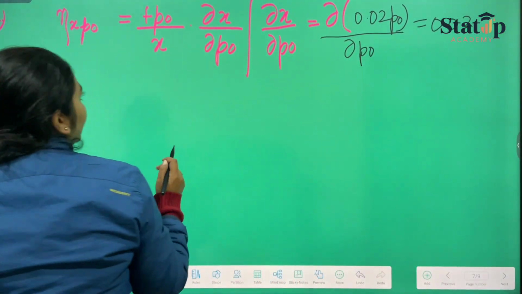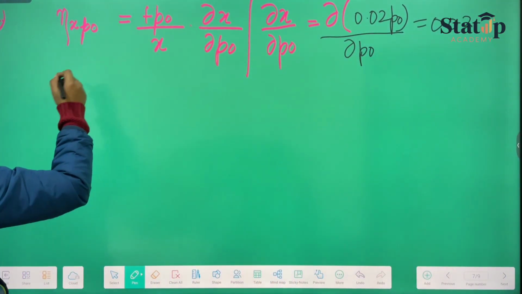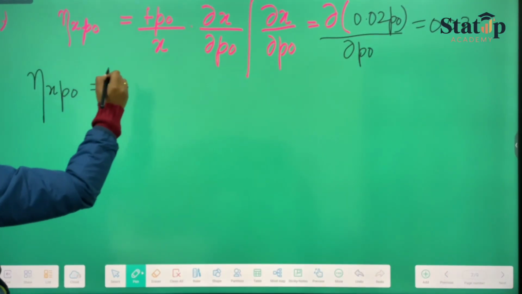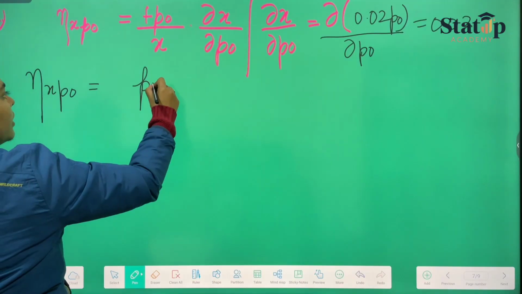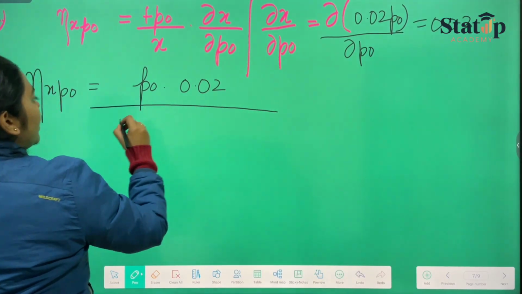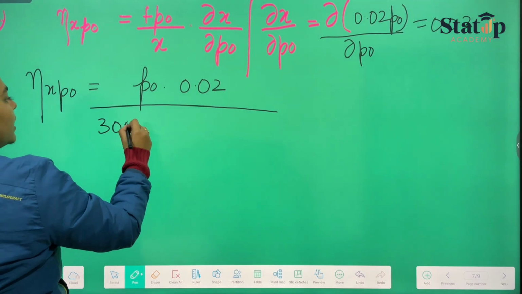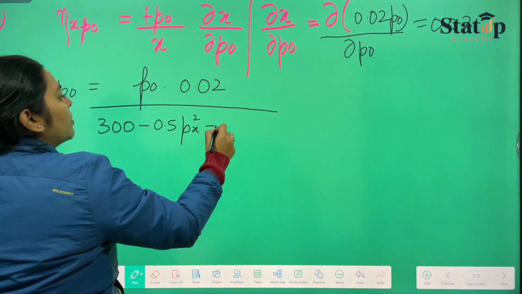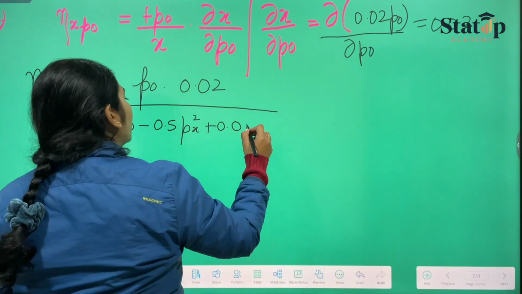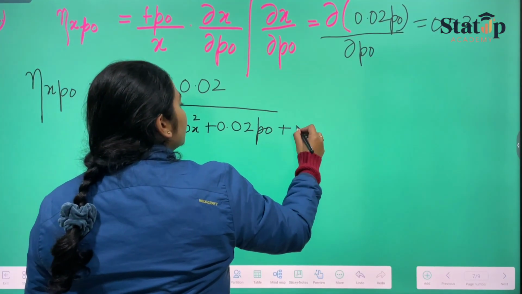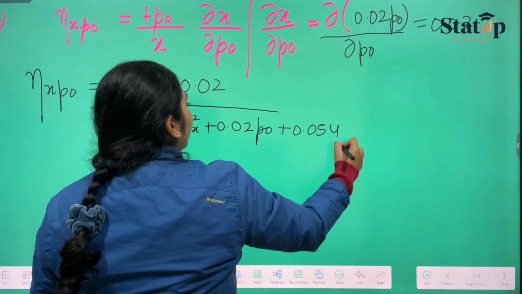Putting the values here, eta x p naught equals p naught into 0.02 upon x, where x is 300 minus 0.5 px square plus 0.02 p naught plus 0.05 y.